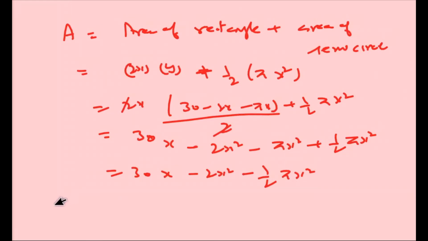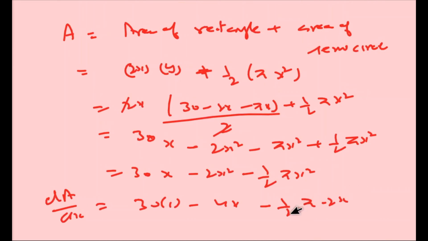Now we go to find dA by dx. That is 30 into 1 minus 4x minus half pi into 2x. Now using this we set dA by dx equal to 0. So we get 30 minus 4x minus pi x equal to 0.